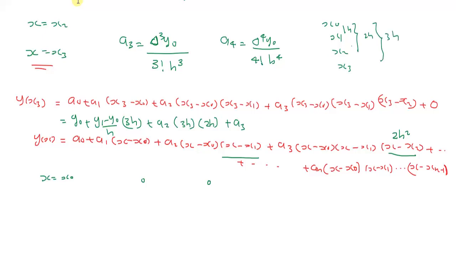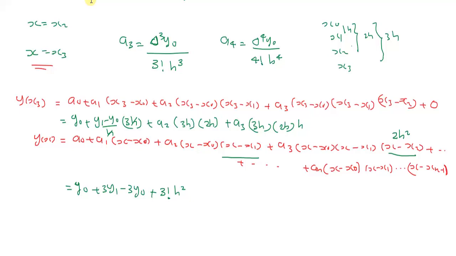Okay, into x3 minus x naught 3h into x3 minus x1 2h into x3 minus x naught x2 h. Okay, this is equivalent to y naught plus h, you can cancel, plus 3y1 minus 3y0 plus 3 into 2, that is 3 factorial into h square a2.